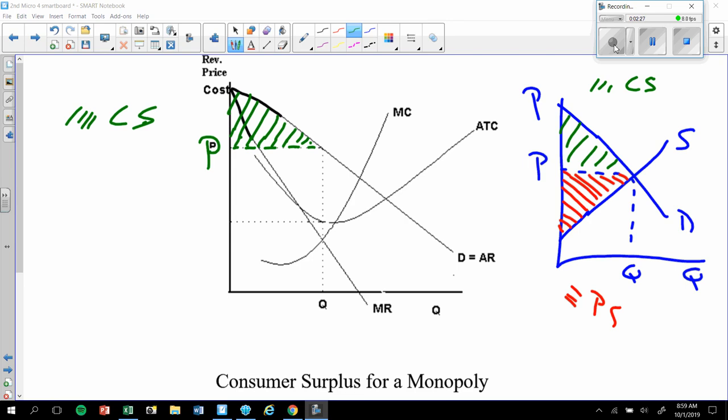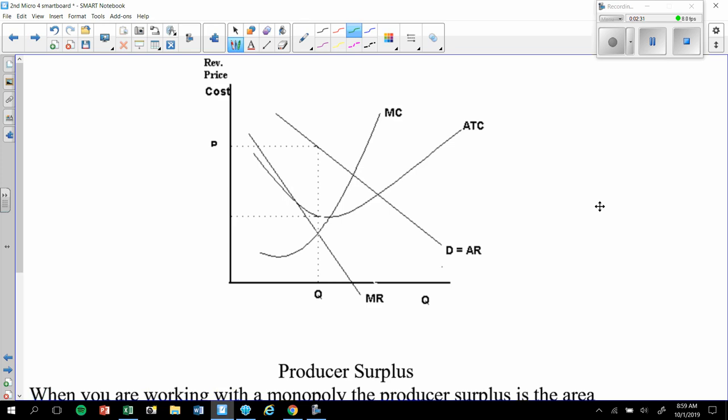Now, the producer surplus is a little bit different here. For producer surplus, I'm going to do like I did before and run my demand curve and my marginal revenue curve all the way up. But I'm also going to finish out my marginal cost curve, because for an individual firm, you remember the marginal cost curve is the supply curve.